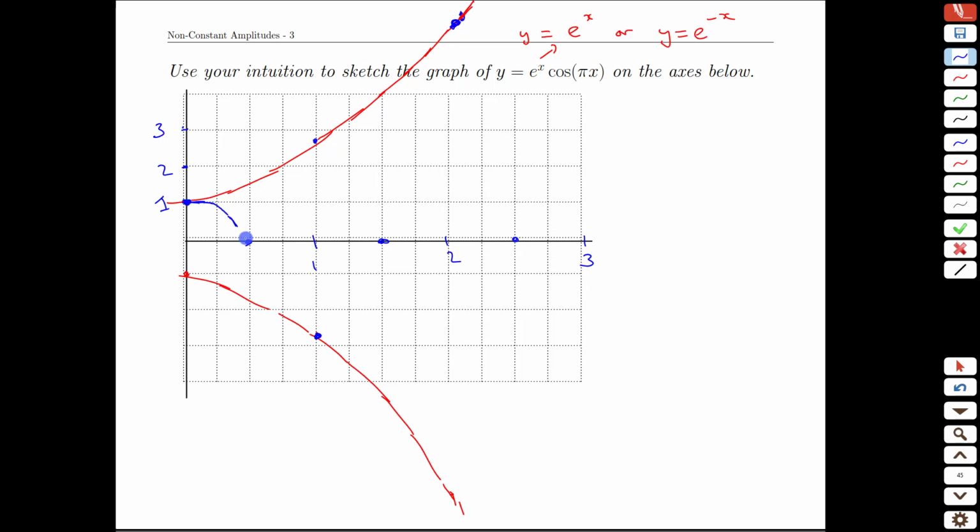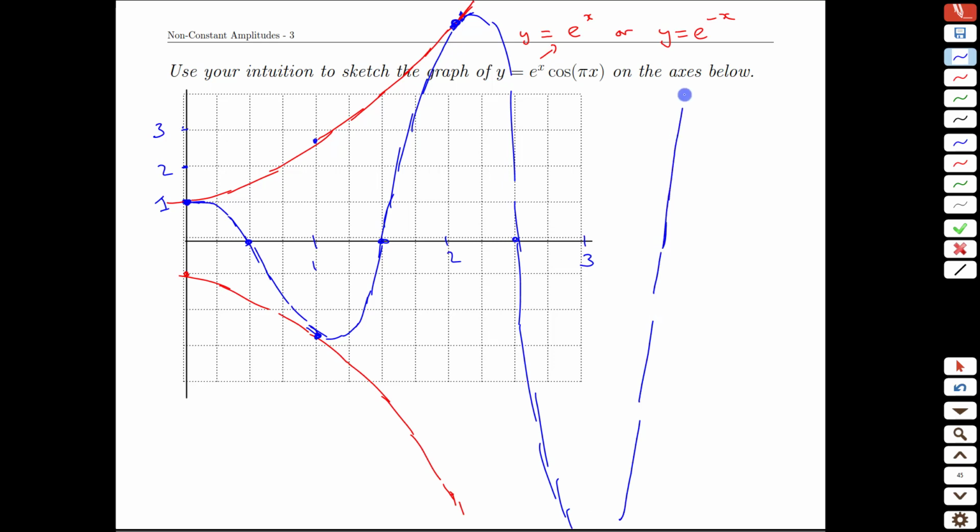What does this give us? It gives us, I think, a fantastic shape of this graph like so, where we get these massive swings of the cosine function because the amplitude is growing exponentially as we move from left to right.